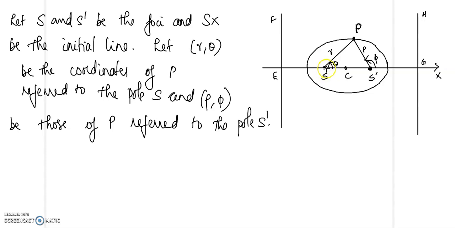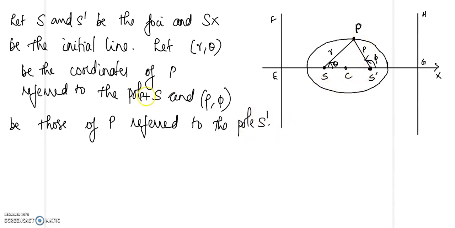First we assume S is the pole, then write the coordinates for P. Similarly we assume S dash is the pole, and see what the coordinates of P are.